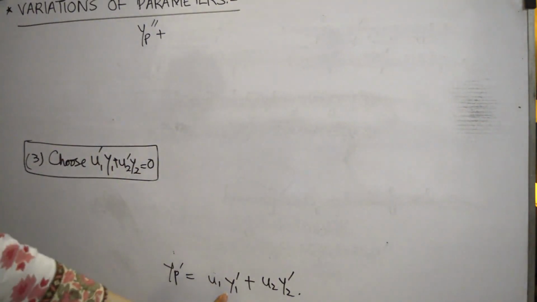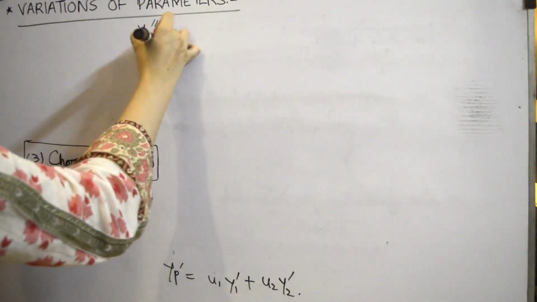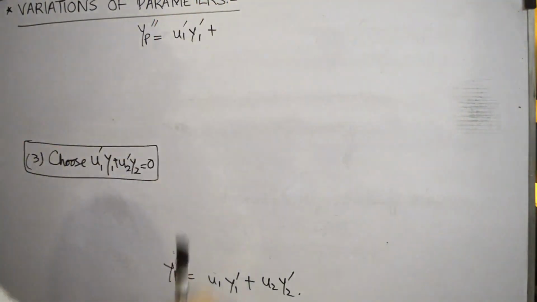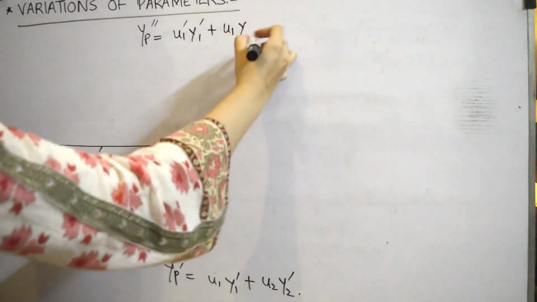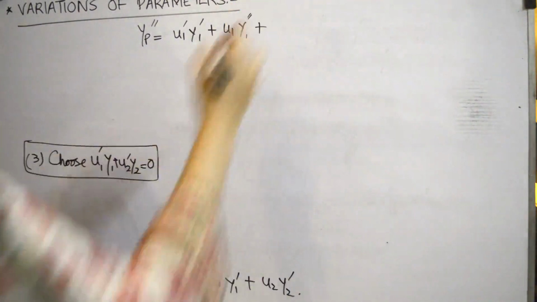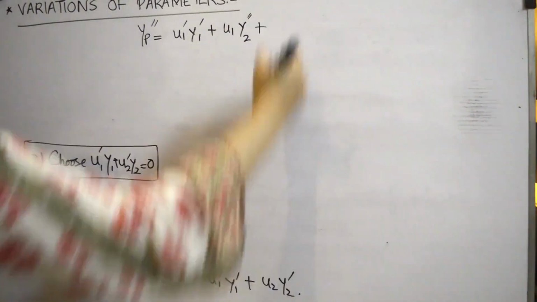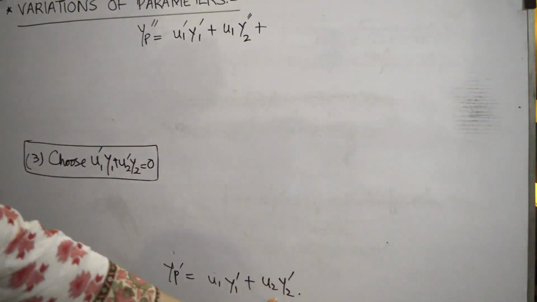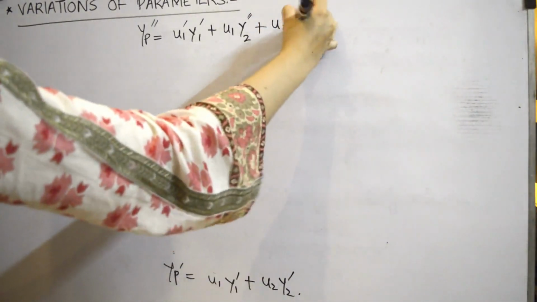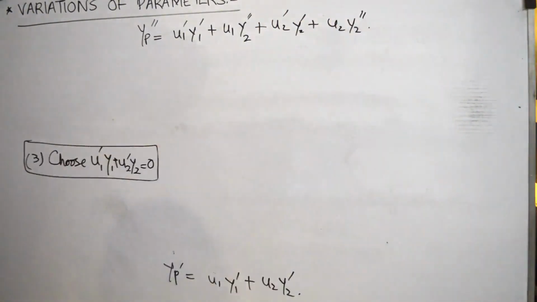So by applying the product rule here in the first term, it becomes u1 dash y1 dash plus u1 into y1 double dash, and also in the second term you have to use the product rule, so that becomes u2 dash into y2 dash plus u2 into y2 double dash.